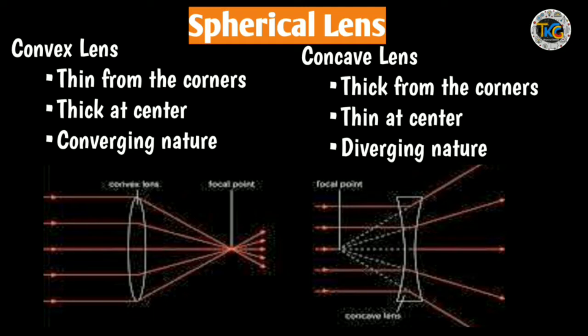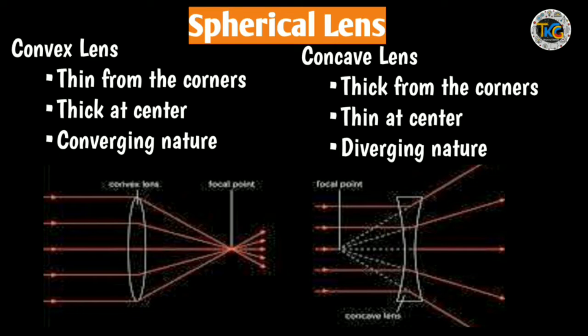Refracting means light bends. So a lens is a medium where light can easily travel, light can bend, and one surface must be curved. Clear? So lenses are categorized mainly in two categories: one is convex lens and another is concave lens.